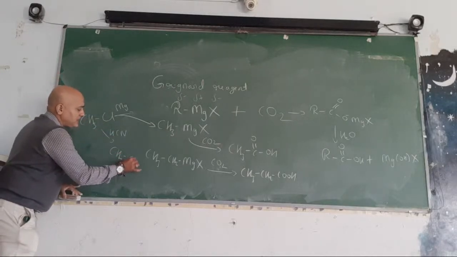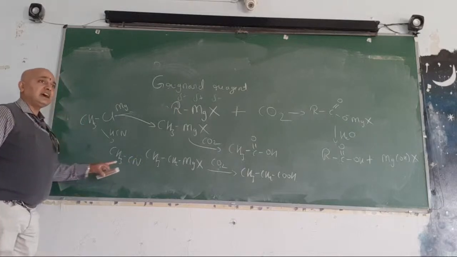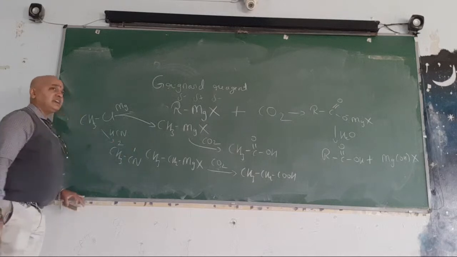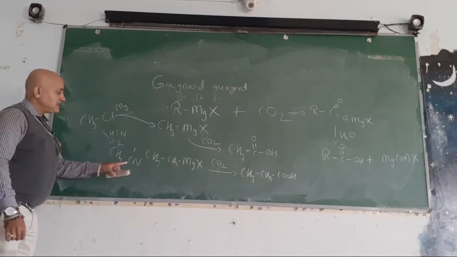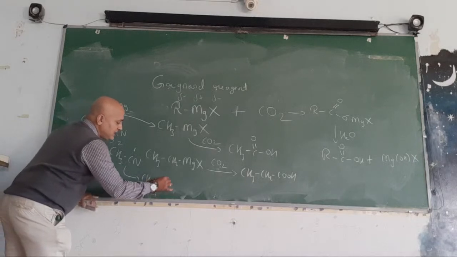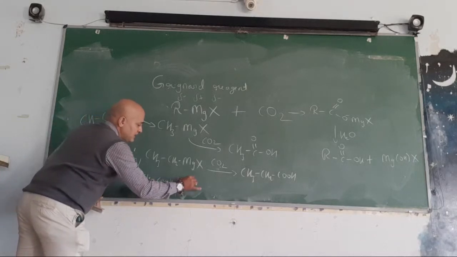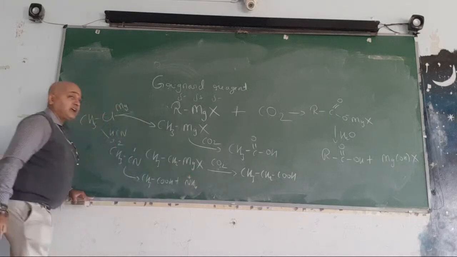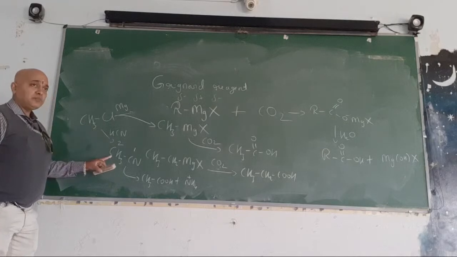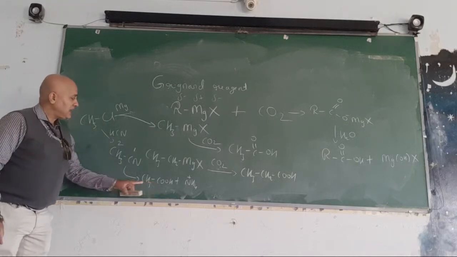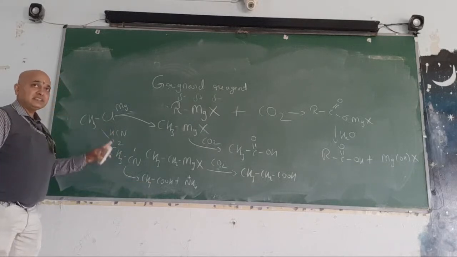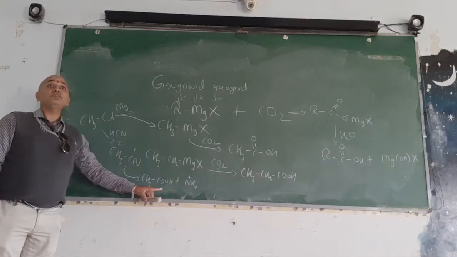I am going to get the alkyl cyanide. But if you observe here, one carbon, second carbon. And this will get converted into CH3COOH plus ammonium if I go with acidic condition. So one carbon is there, but in the product I am getting two carbons. So methyl chloride is getting converted into ethanoic acid.